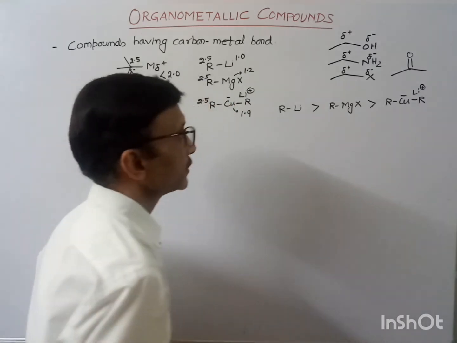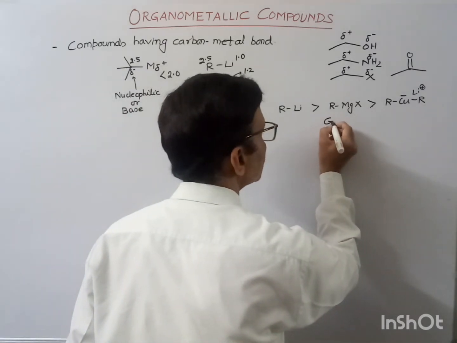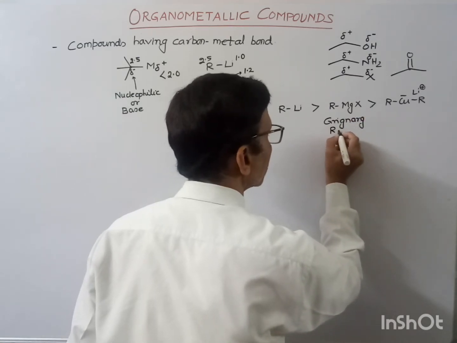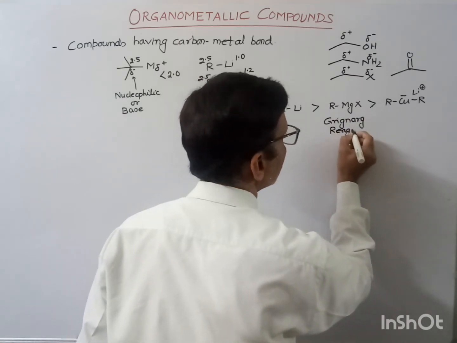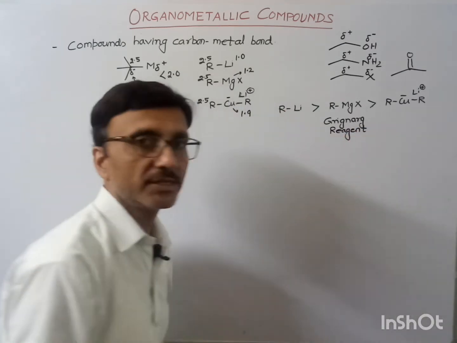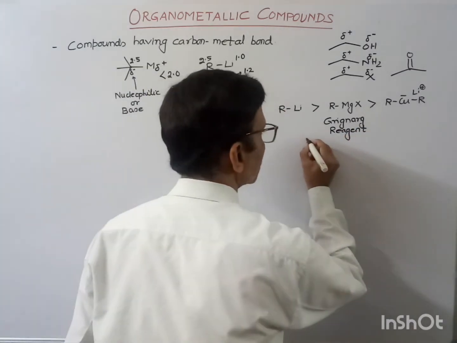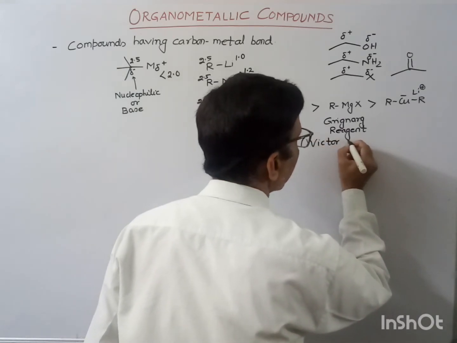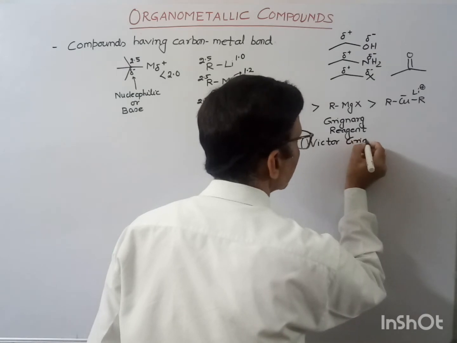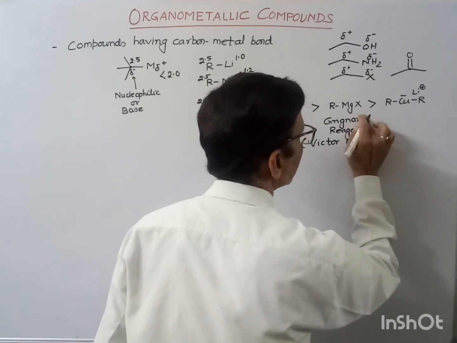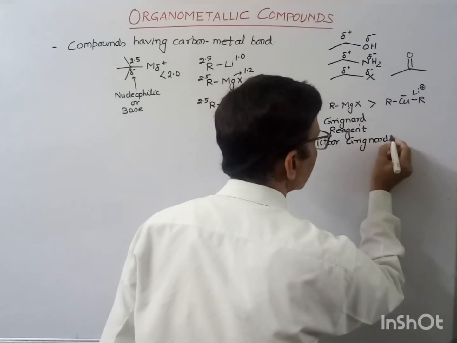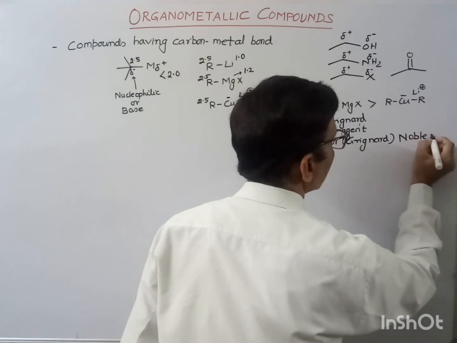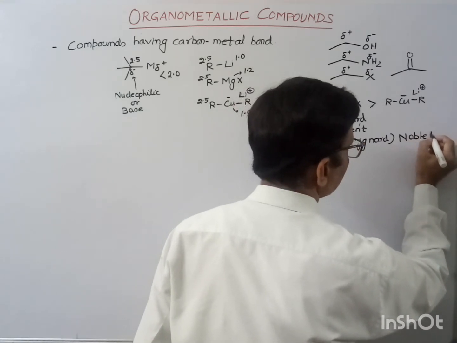The organomagnesium compound, as all of you know, is called the Grignard reagent, named after the scientist Victor Grignard, a well-known scientist of his time, who was given the Nobel Prize in 1912 for the discovery of the Grignard reagent.